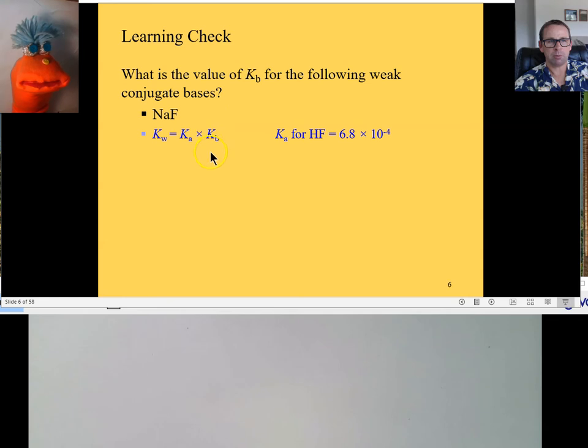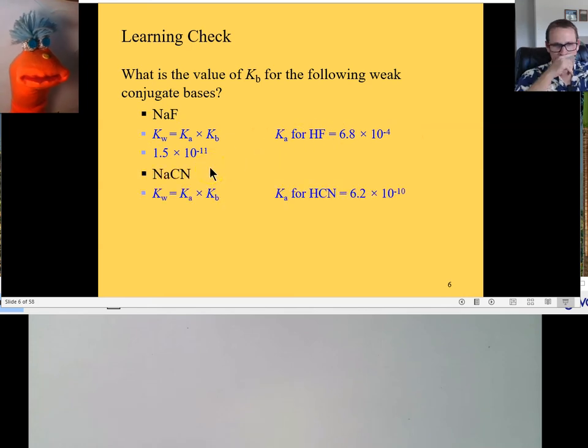Well, Ka is for hydrofluoric acid, so Kb must be for its conjugate base, which is F minus. That's right. Very good. So 1.5 times 10 to the minus 11. Again, that's 1 times 10 to the minus 14 divided by 6.8 times 10 to the minus 4.